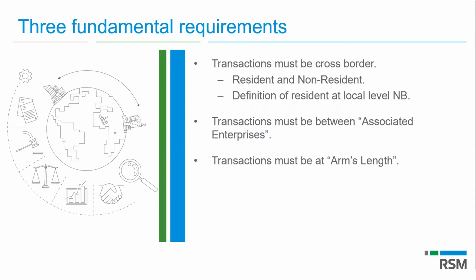Secondly, the transactions must be between associated enterprises, and I'm going to deal with that a little later because we've seen some specific amendments as far as the South African legislation is concerned in this area. And then thirdly, the transactions must be at arm's length. So the arm's length principle is fundamental as far as the OECD TP guidelines are concerned.